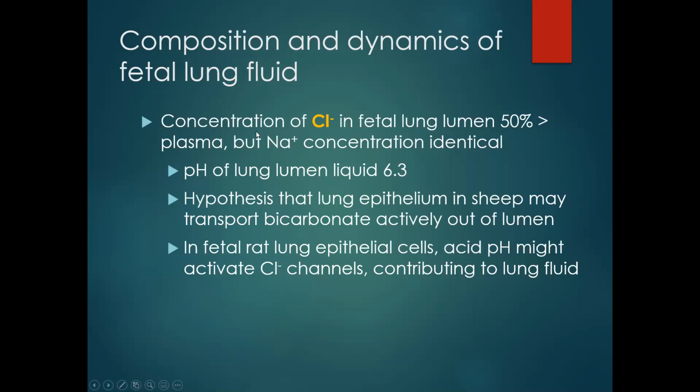So the concentration of chloride in the fetal lung, therefore, is 50% greater than the plasma, as shown by those numbers, okay? But the sodium concentration is identical because chloride is independently shifted from the sodium, okay?